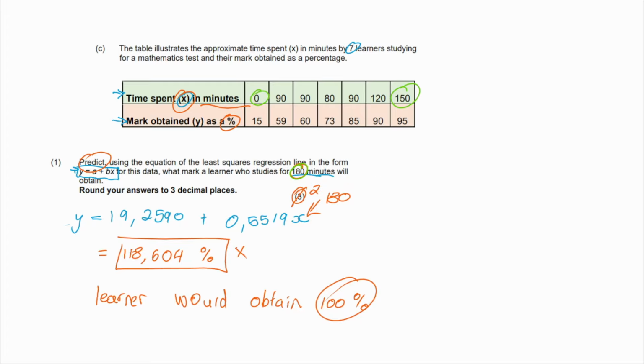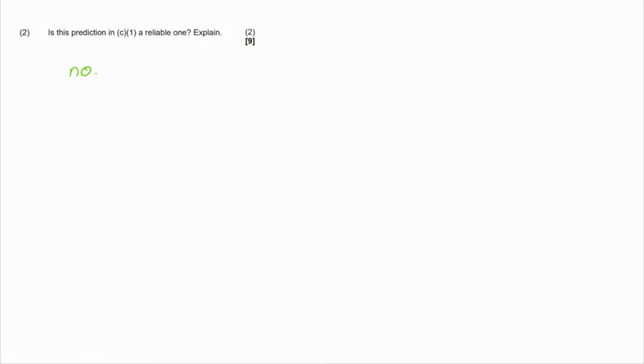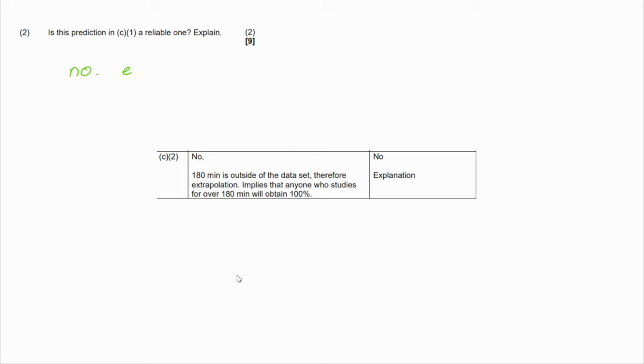So we'd say no, it's not reliable because it is extrapolating. I'm actually just going to copy what we get from the memo, it'll be easier than typing it out. They say no, so you get a mark here for no, and 180 minutes is outside the data set, therefore it's extrapolation. This word is important: extrapolation.